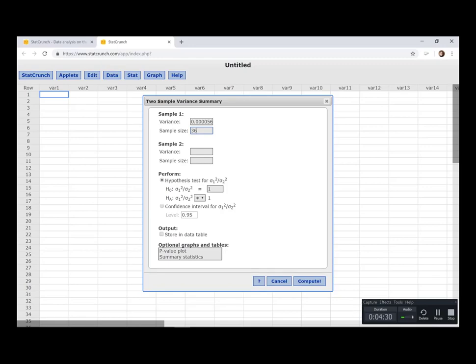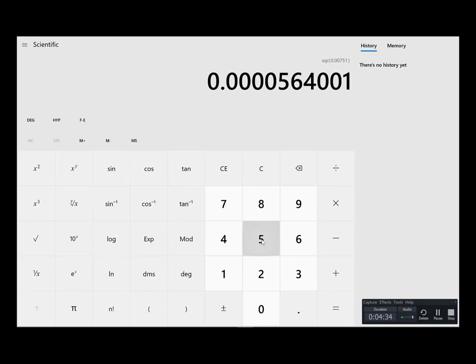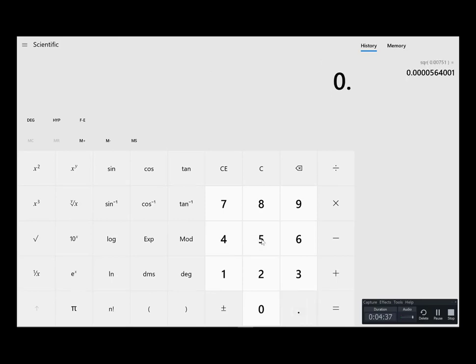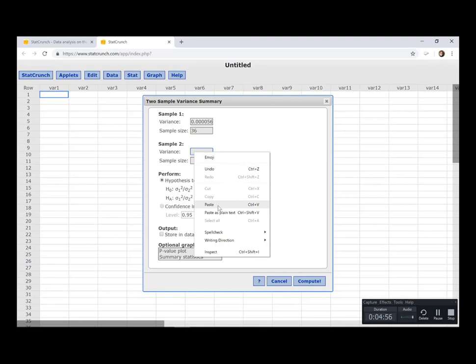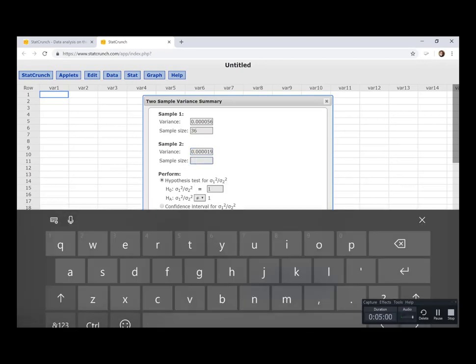Let's do our variance for the Diet Coke. And that's going to be 0.00439 squared. Let's copy that. Go back to our StatCrunch, paste that in, and my sample size was 36 again.